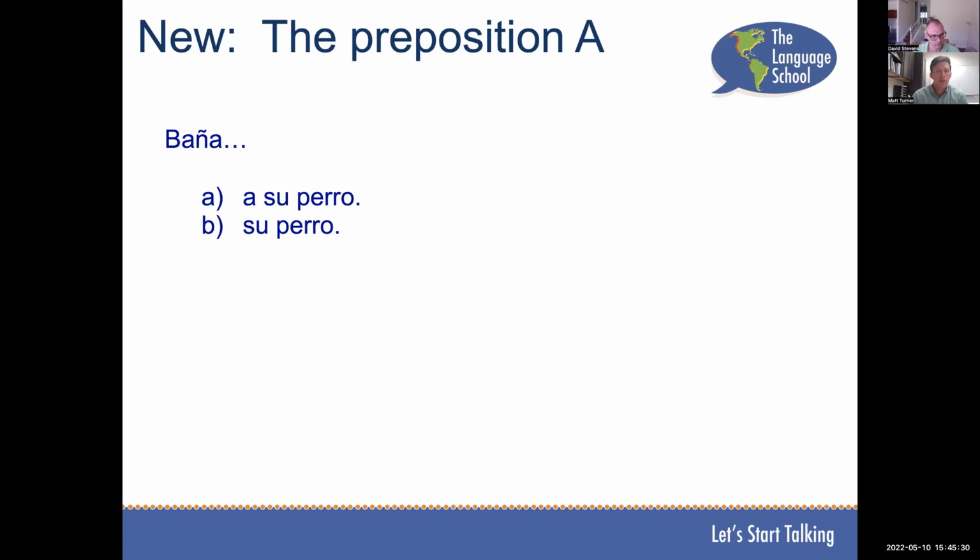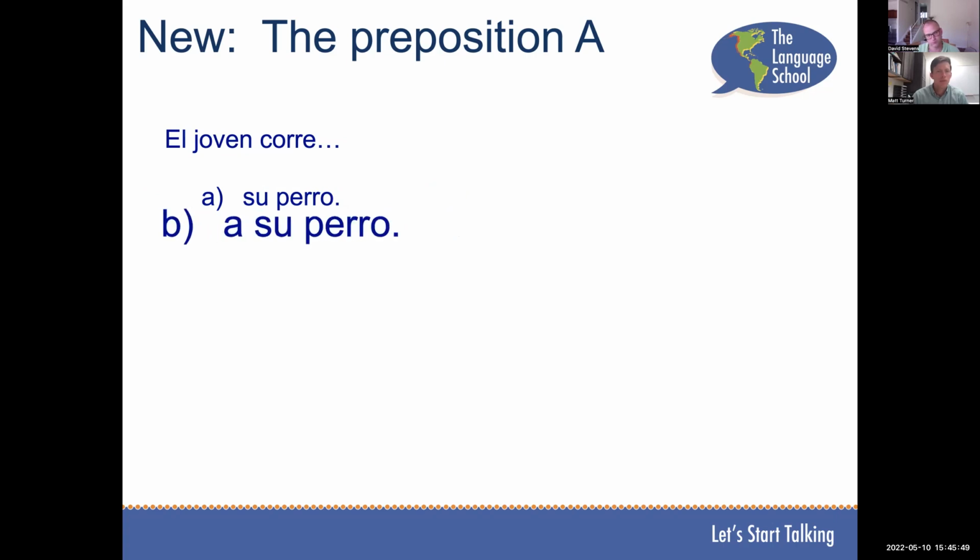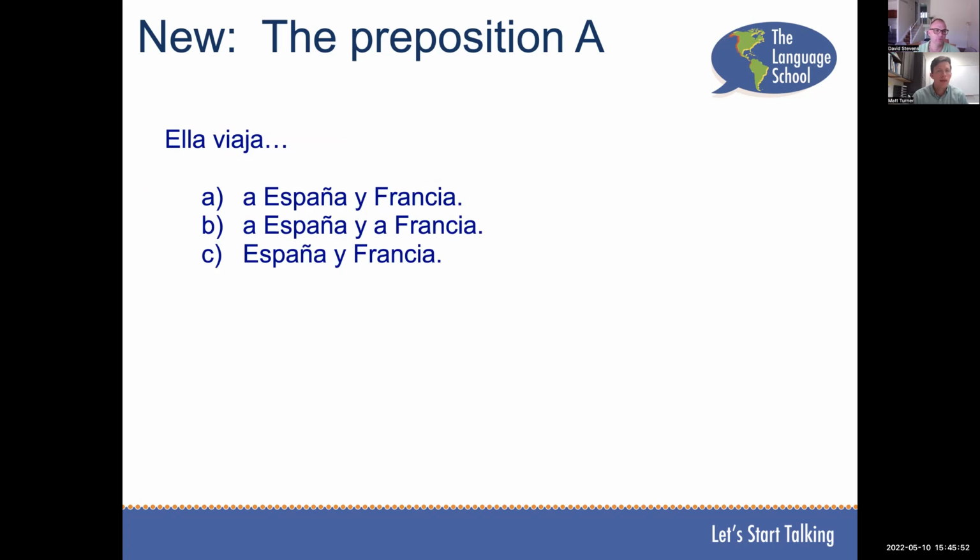Baña a su perro. Mi amiga conoce a Mark Anthony. El joven corre a su perro. Ella viaja a España y a Francia.